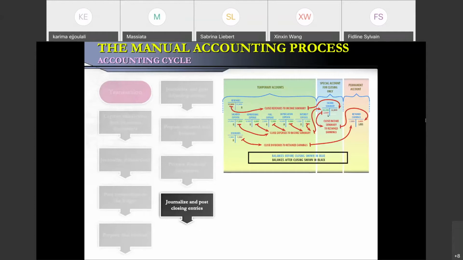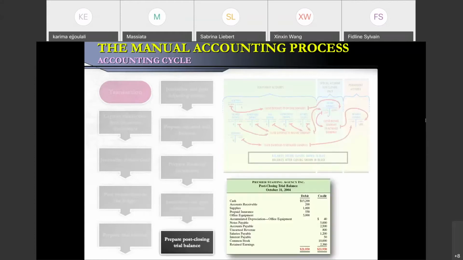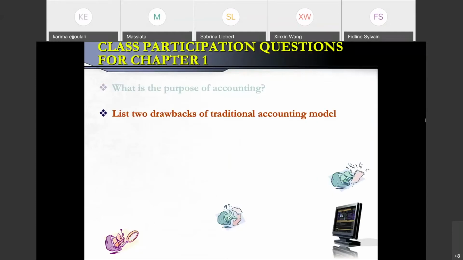What's the next step? Prepare the post-closing trial balance, right? Yes. So that's the period that we ended. After we do this, we have the financial statements. Then the auditor comes in to verify our information, right? That's a whole other process.